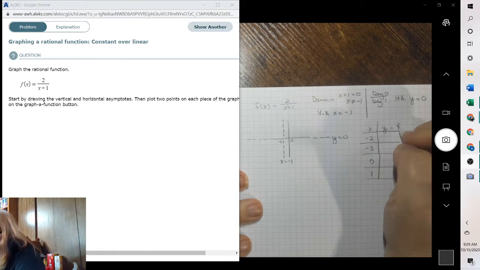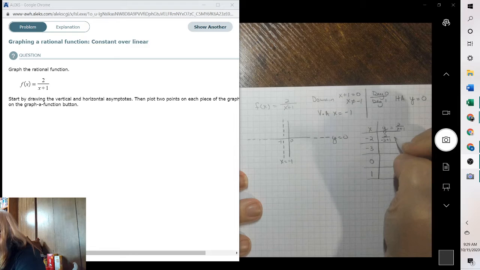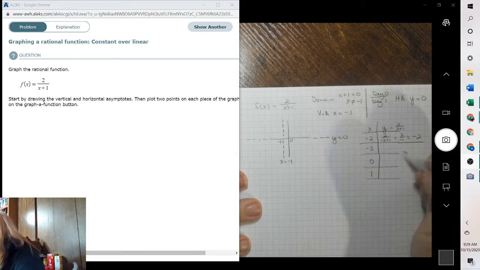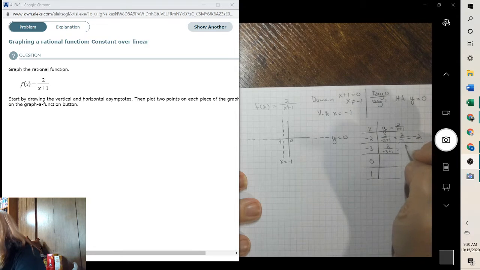Remember, y is 2 over x plus 1. So when we plug in -2, 2 over -2 plus 1 is 2 over -1, or -2. Plugging in -3, 2 over -3 plus 1 is 2 over -2, which is -1.